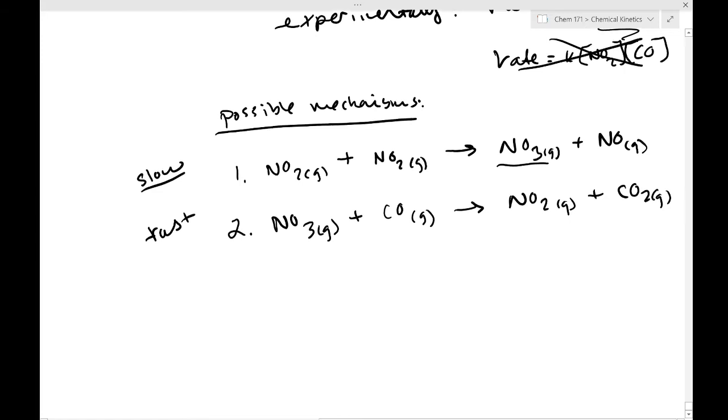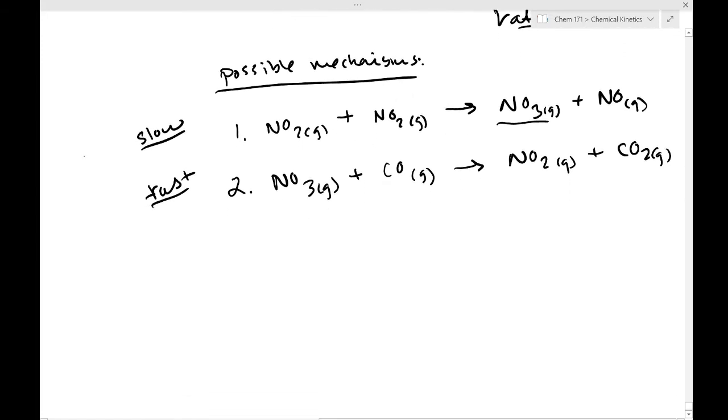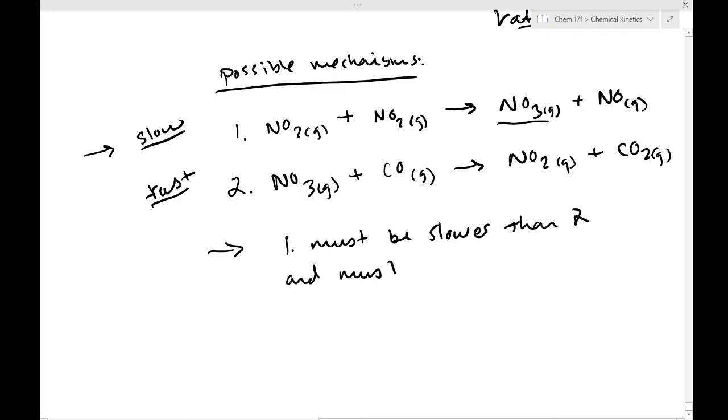That means that because this first one is so slow, the overall predicted rate law is determined by the rate limiting step. So we'll say step 1 must be slow, or slower than step 2, and must be the rate limiting step.